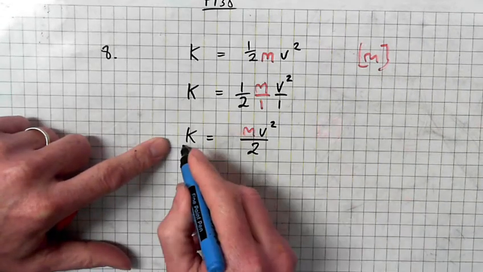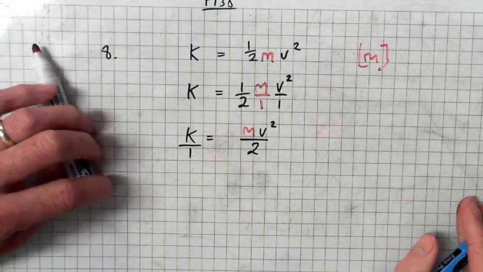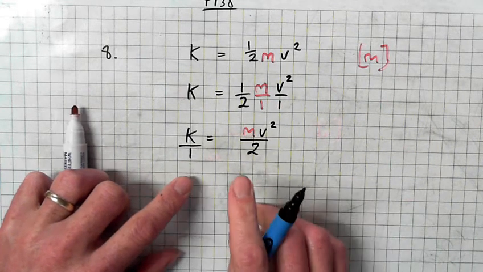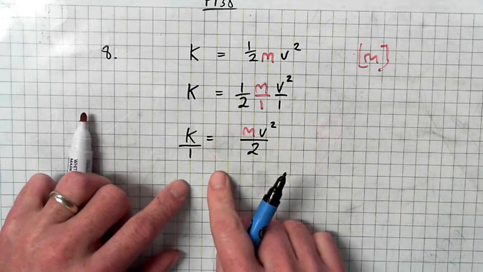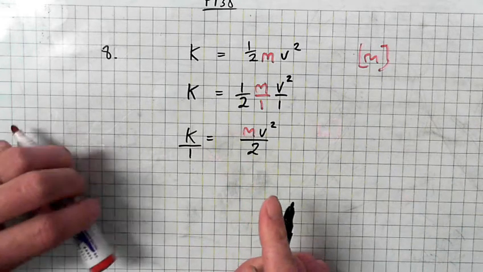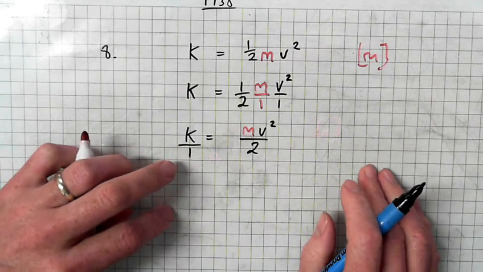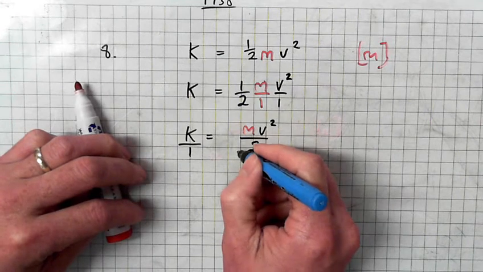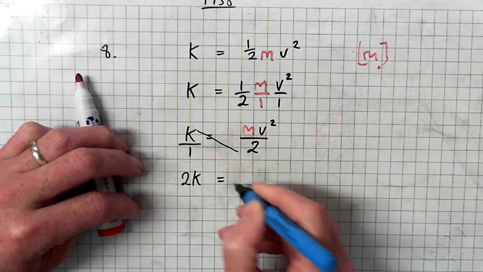K is k over 1, isn't it? So if you have two fractions and an equals in between, this is important to listen to, you can do a thing called cross multiplying. If you have three fractions in the sum, you can't cross multiply. So I can cross multiply. 2 times k is 2k.